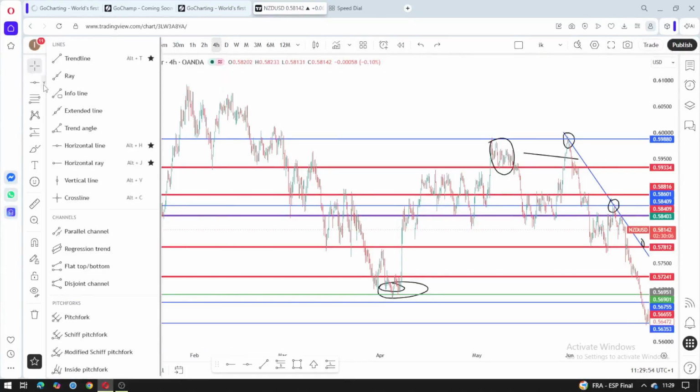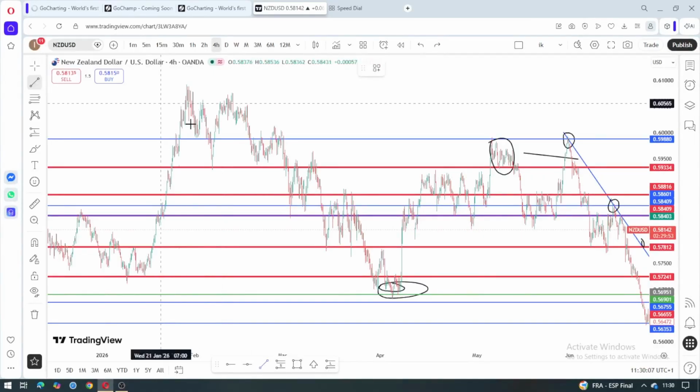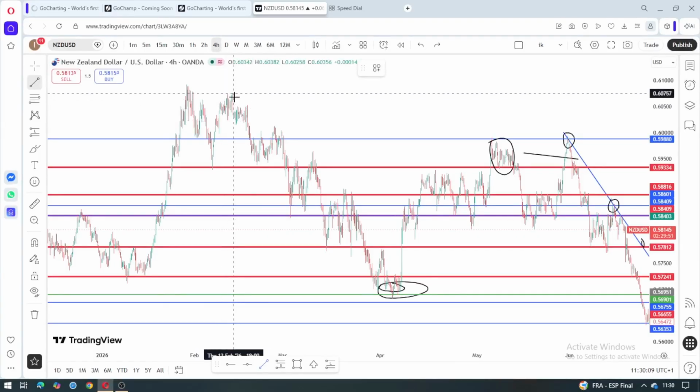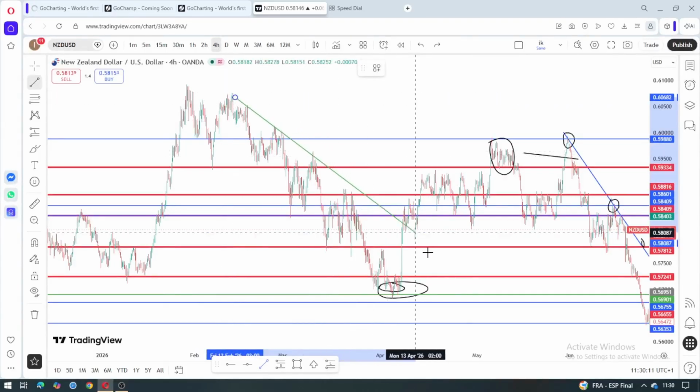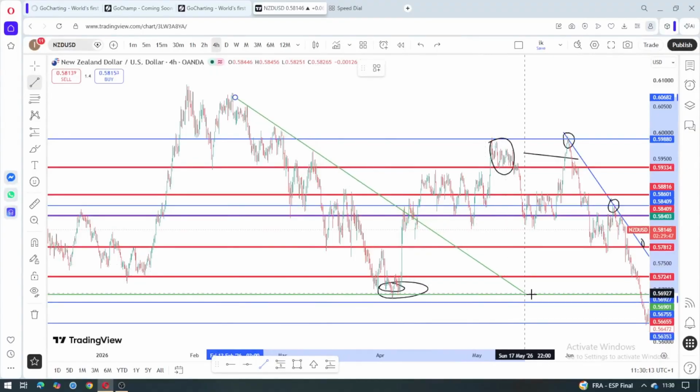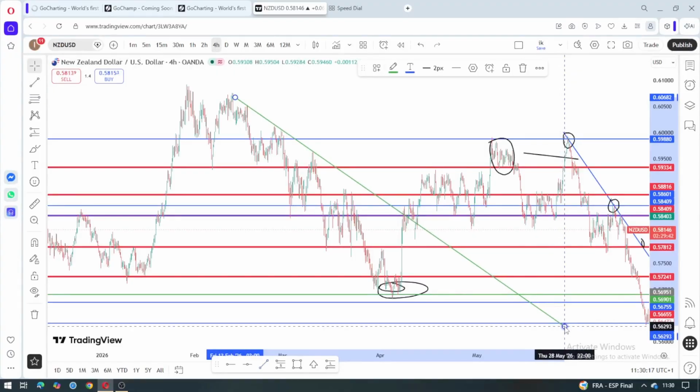For instance, let me show you guys. Let's say we have a trend line like this.